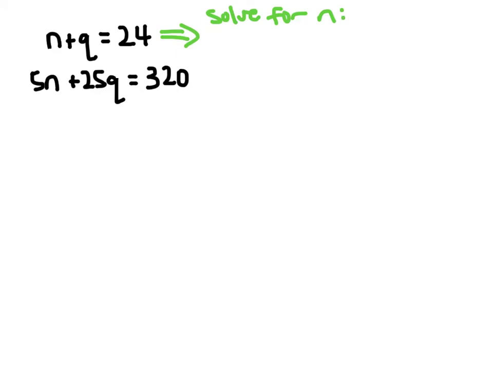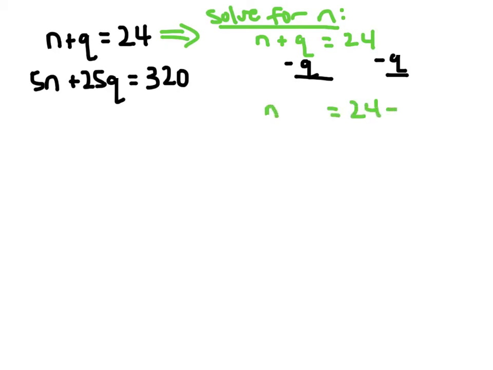So if I do that, I have n plus q equals 24. In order to solve for n, I would have to subtract q on both sides. So that will leave me with n equals 24 minus q.